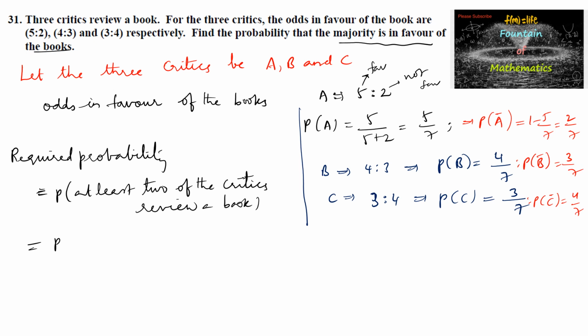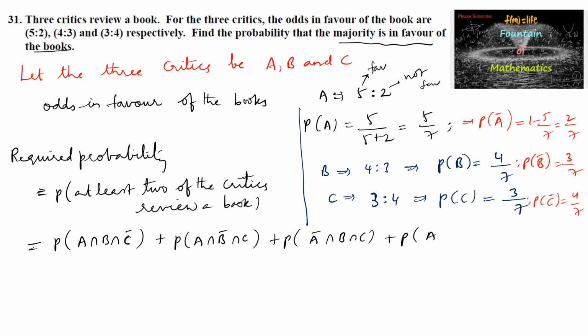Which implies P of A and B in favor and C not, or P of A and C in favor and B not, or P of A not in favor but B and C in favor, or P of all three in favor, A and B and C. All the three are independent events here.